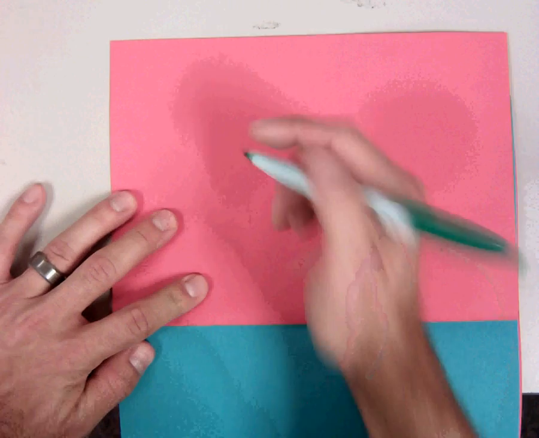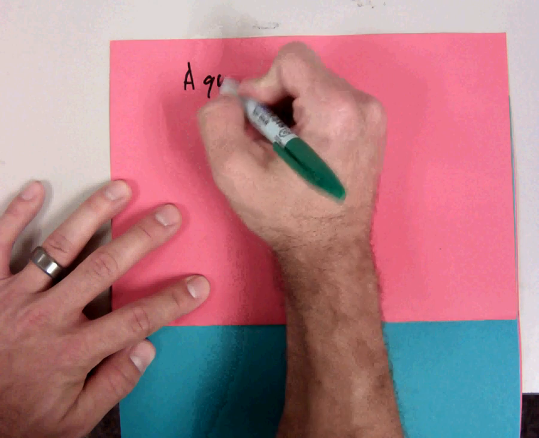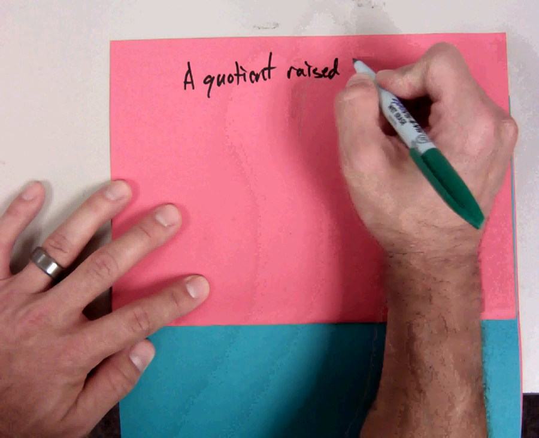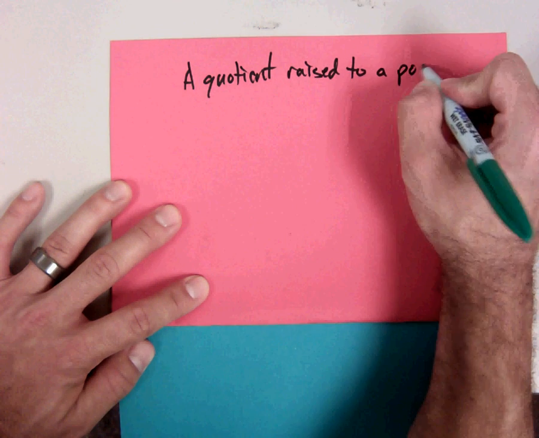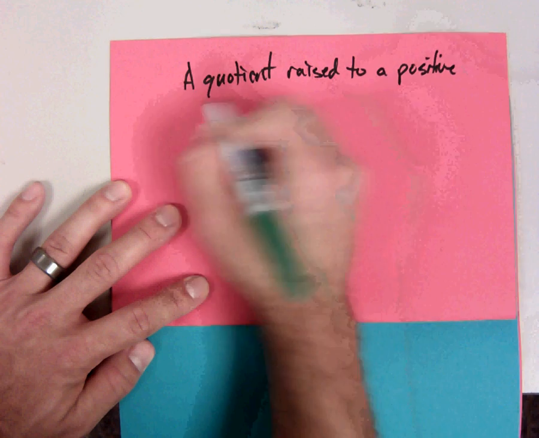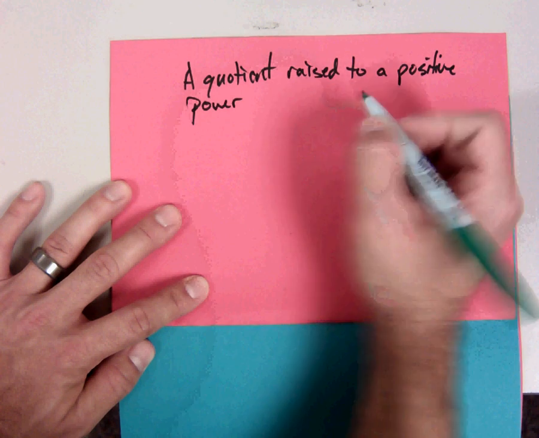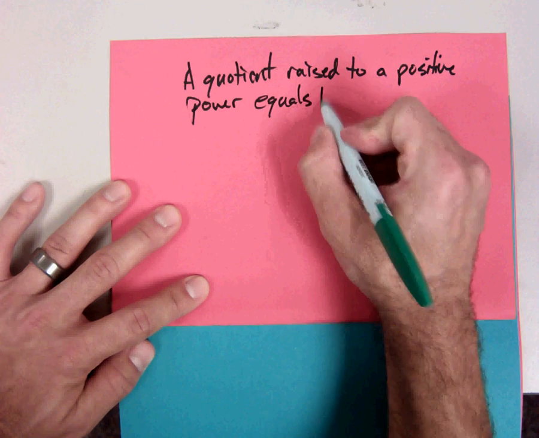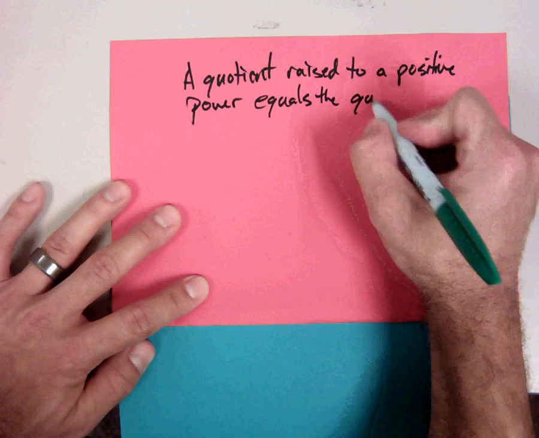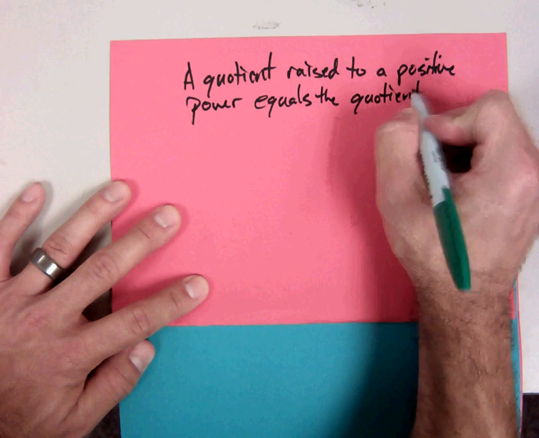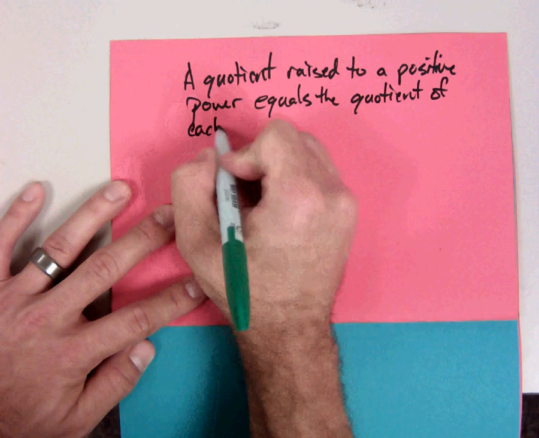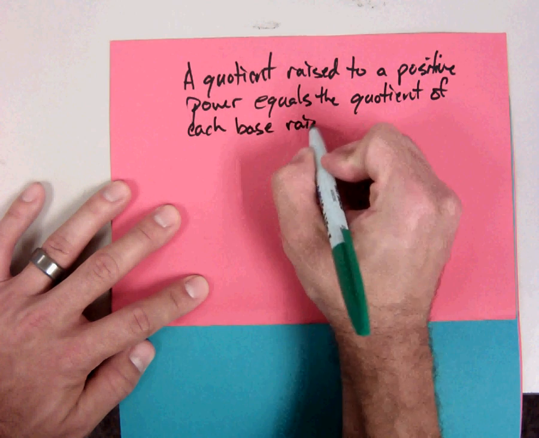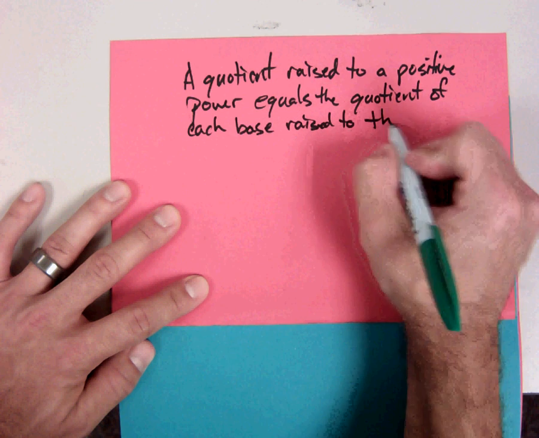All right, so a quotient raised to a positive power equals the quotient of each base raised to that power.